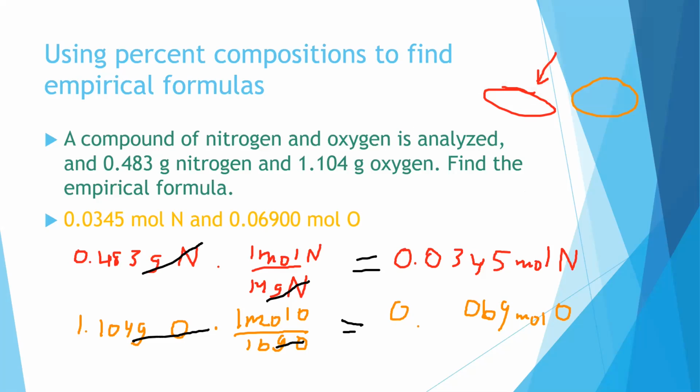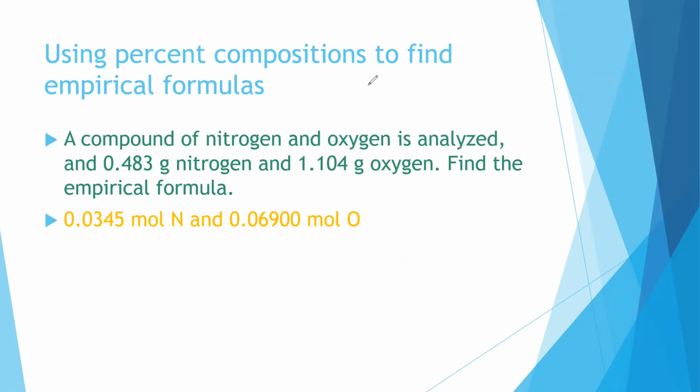Okay, and our answer key agreed with that. Okay, good, everyone understands. Let's clear what we have so far. This orange stuff is the thing we just discovered, grams to moles.